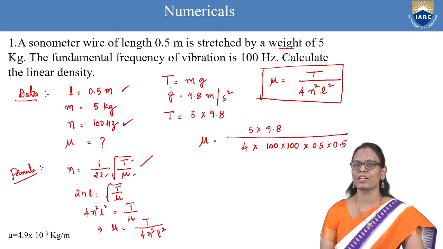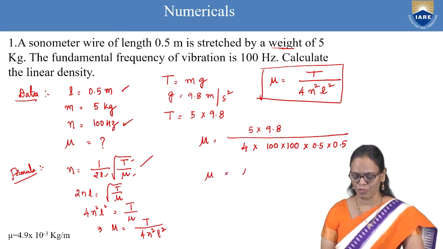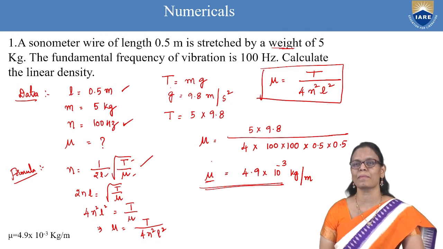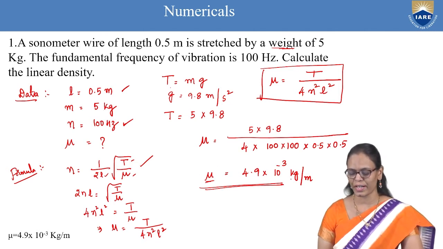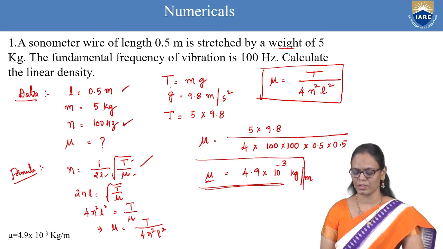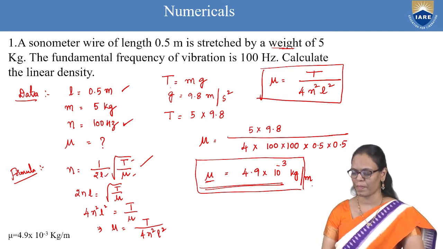Now for simplification, you can use your calculator and you will get the value as 4.9 into 10 power minus 3 kilogram per meter. So this is the value of mu. The linear density is nothing but the mass per unit length. So we are writing the unit kilogram per meter. So the answer here is 4.9 into 10 power minus 3 kilogram per meter.